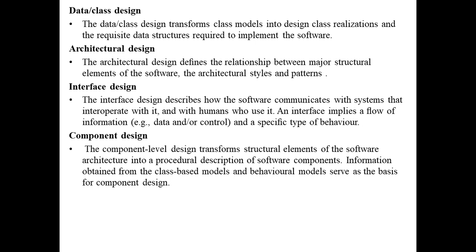In the design model, we have four models: data or class design. The data or class design transforms class models into design, class realization, and the requisite data structure. They are used to implement the software.